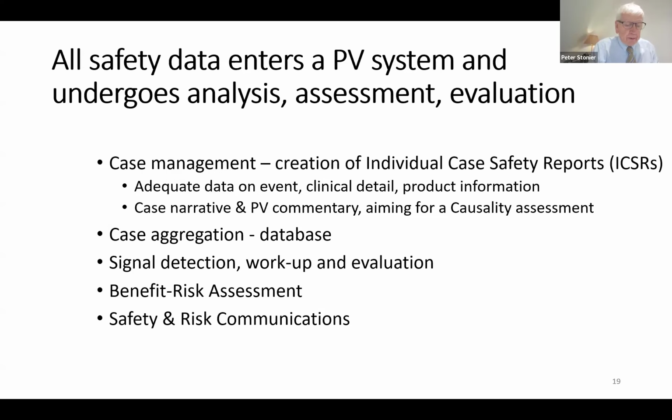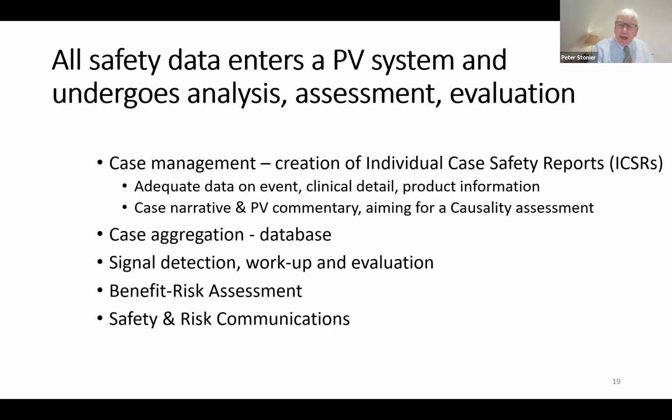So to conclude this presentation, we just say that all safety data that occurs enters a pharmacovigilance system and undergoes analysis, assessment, and evaluation. A pharmacovigilance system, whether it's in a sponsor organization or in a regulatory body, has different aims, but it is concerned with the same activities.